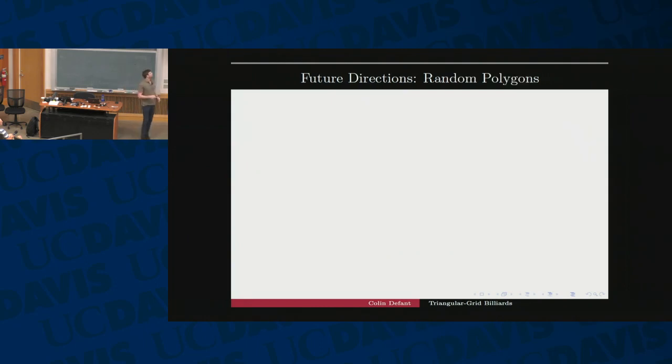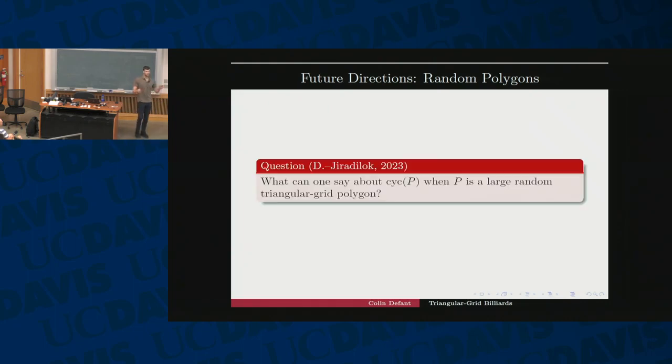One thing that I think would be really cool is to get something along the lines of if you have a large random triangular grid polygon, or maybe it doesn't have to be a polygon, maybe just some region, maybe it's not even connected, and you do this billiard system, you just define it just as before. You can say like, okay, what would you expect the number of trajectories to be? Or maybe there's something interesting with the variance.